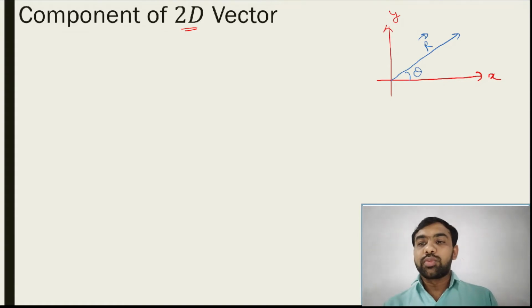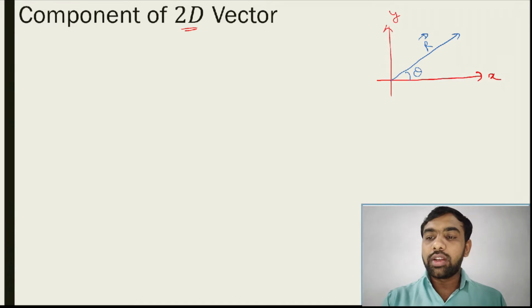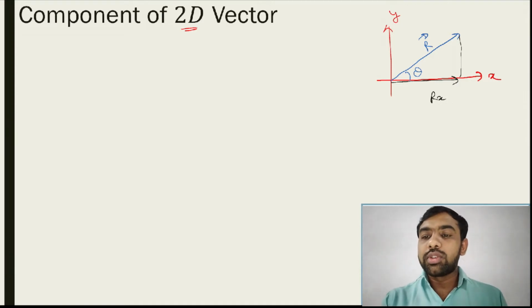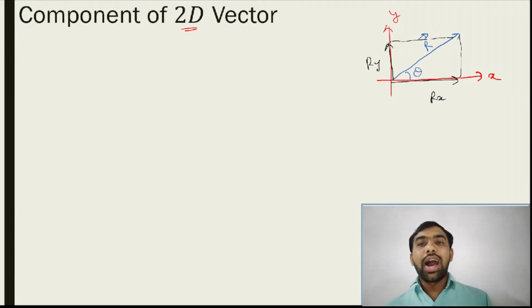Then you take a projection of this vector r along the x axis, and this projection is Rx. If you take a projection along the y axis, this projection is Ry. So Rx and Ry are both projections of vector r along the x and y axes.